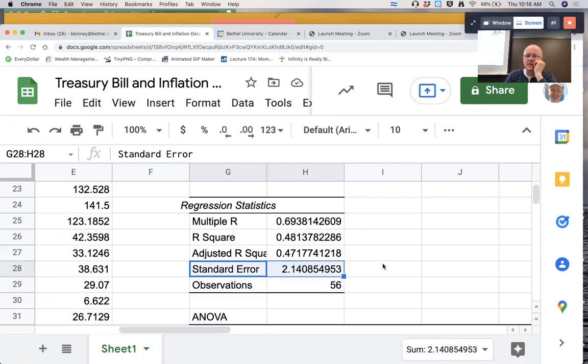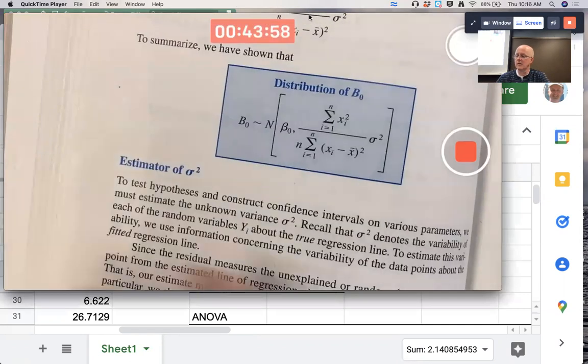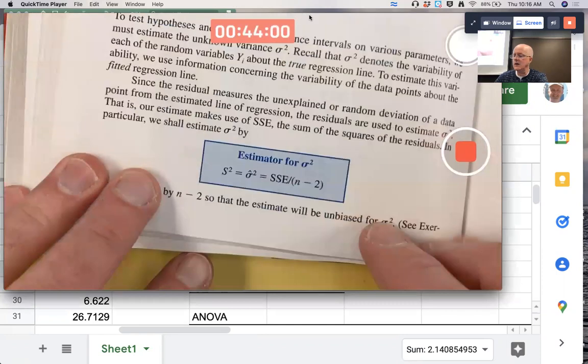What's this thing? It's labeled standard error. If you did the reading, you saw a formula for not the standard error, but its square. Right here.